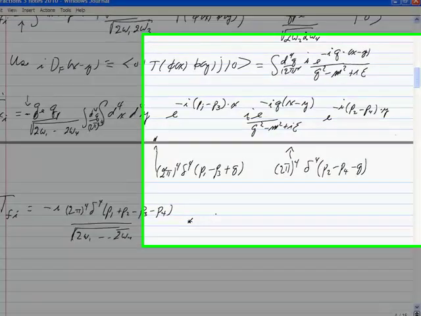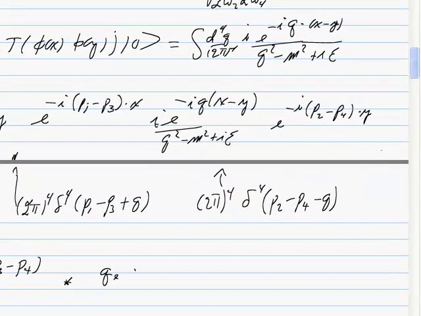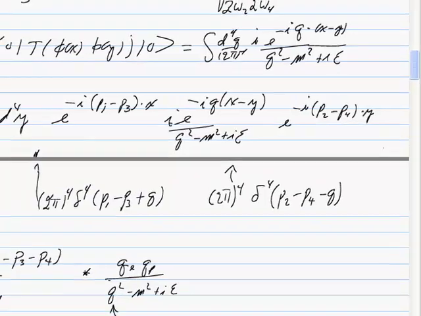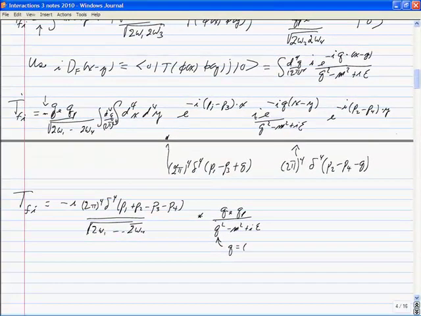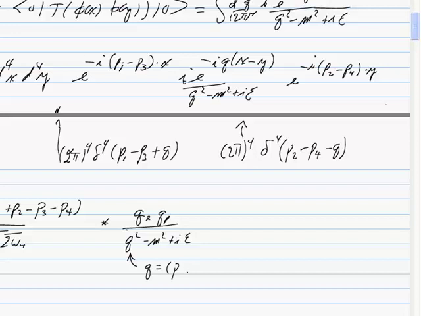And the rest of the stuff is the charge on the electron, the charge on the proton, divided by q squared minus M squared plus i epsilon, with q now either p2 minus p4 or p1 minus p3. I'm sorry, it's backwards.